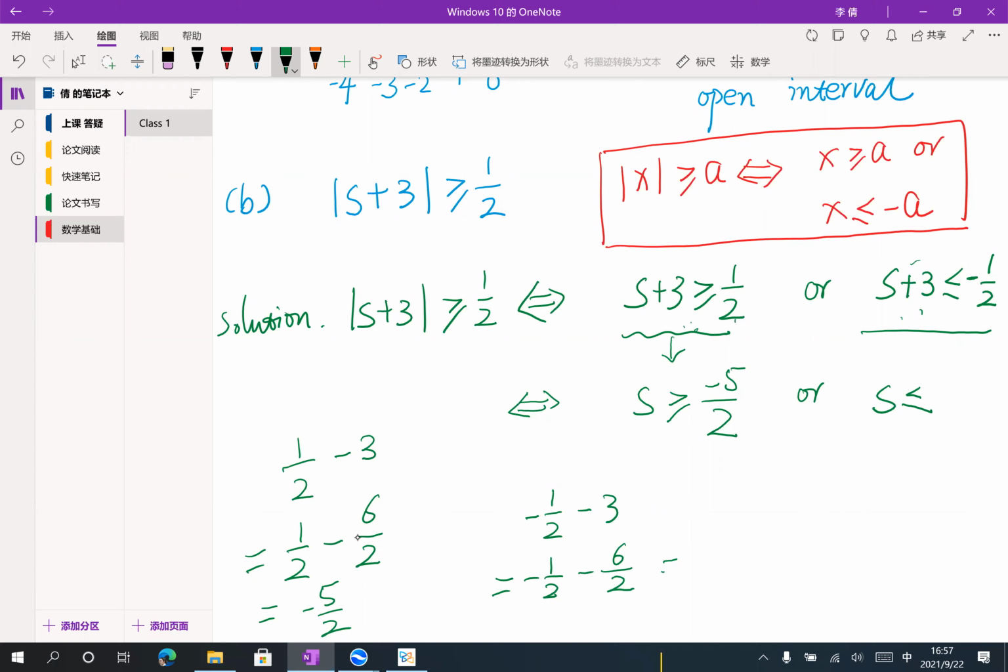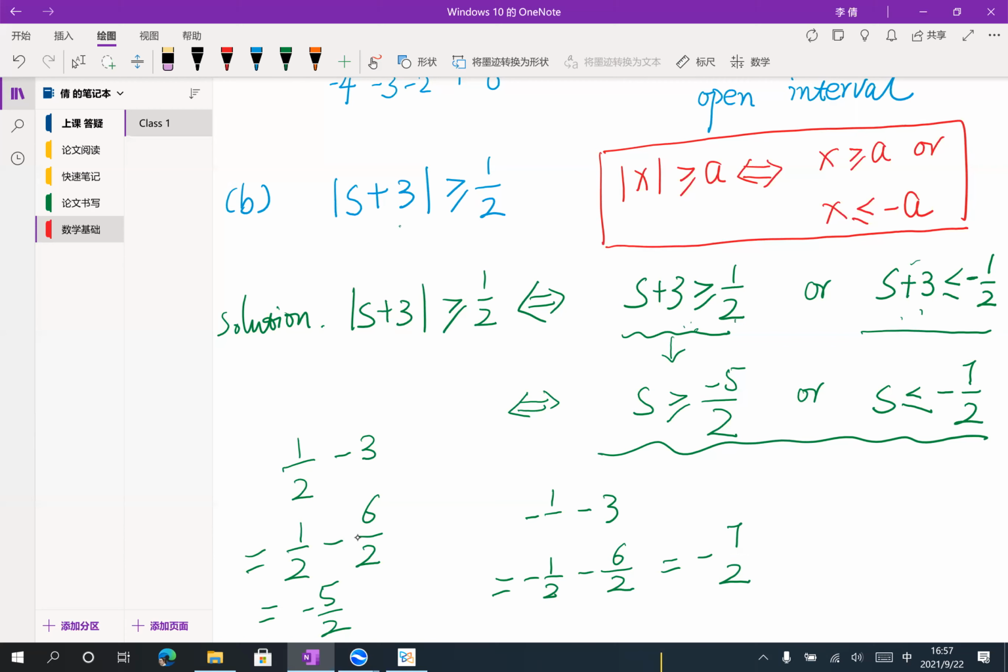And we get minus 7/2. So S is smaller than or equal to minus 7/2. So these are the solutions for this inequality.